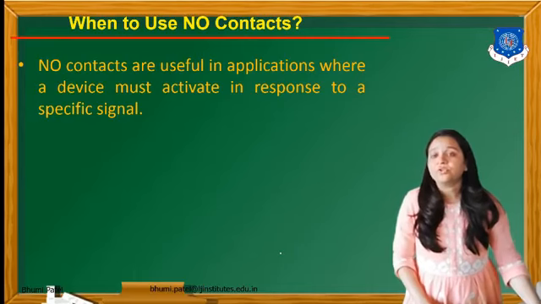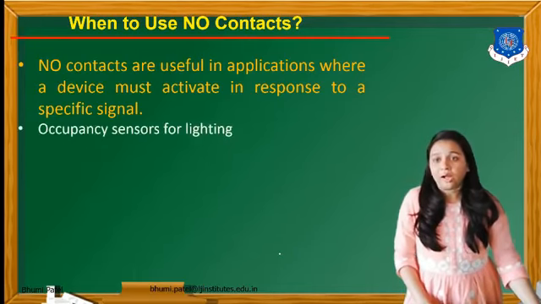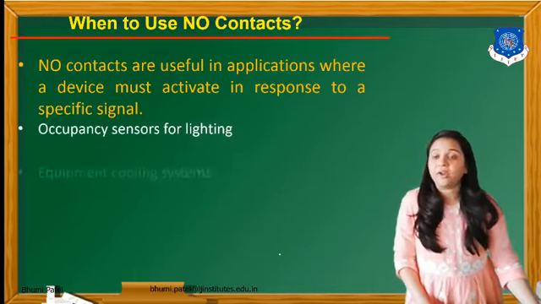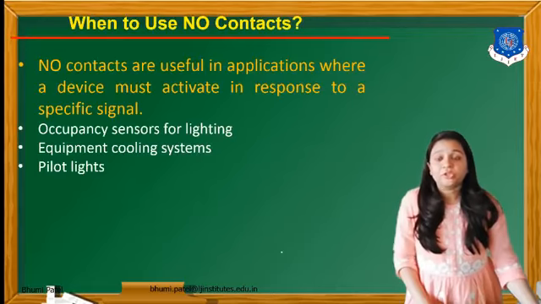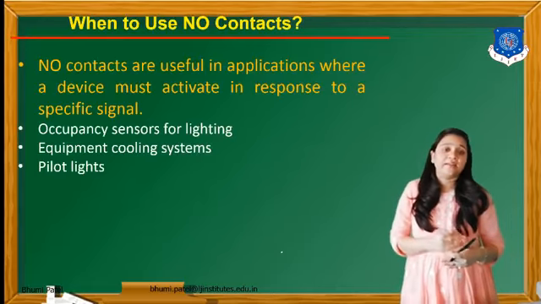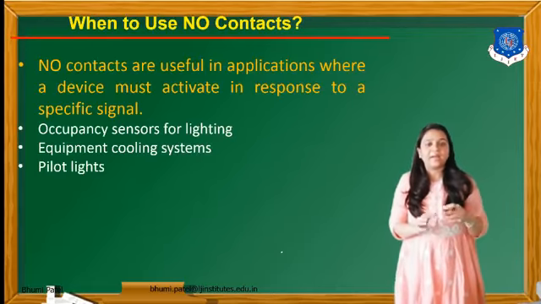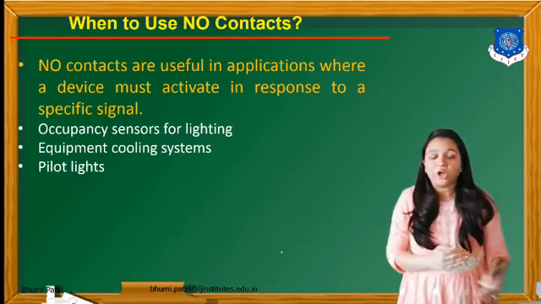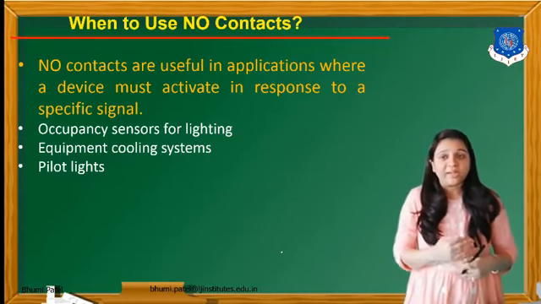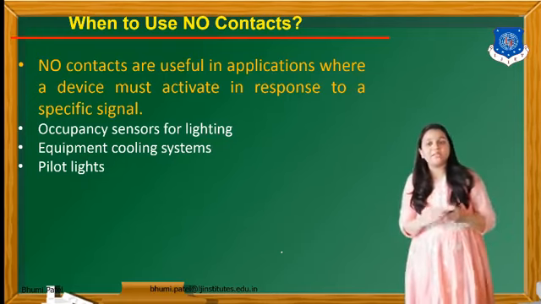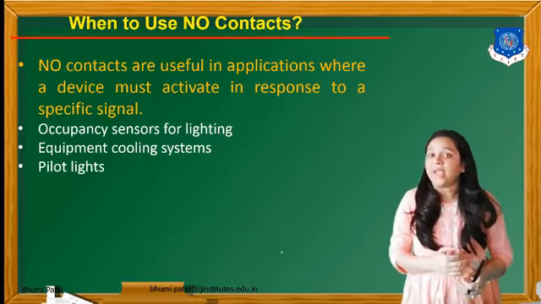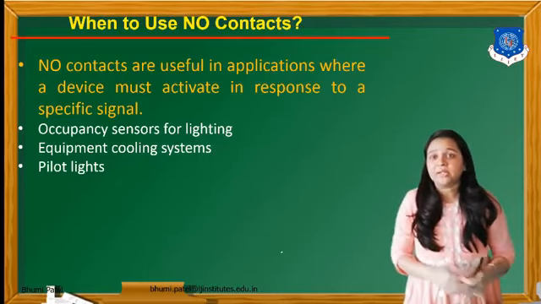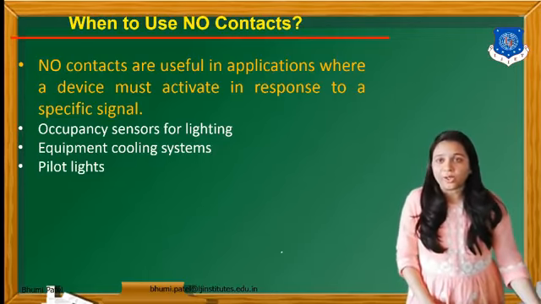It is used for sensors for lighting, equipment, cooling systems, and pilot lighting. For a light sensor, if light is there, the switch will be on or off. If the temperature is within a given range, the input device will be activated. In some applications we use the normally open contact.